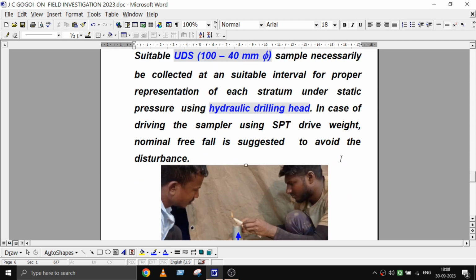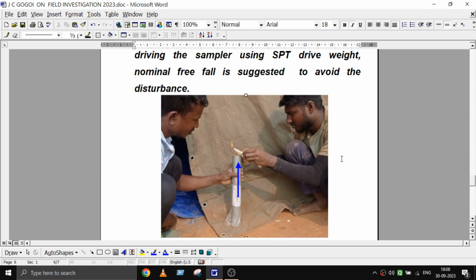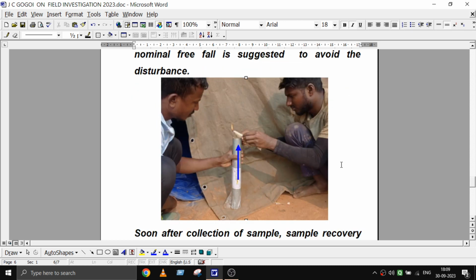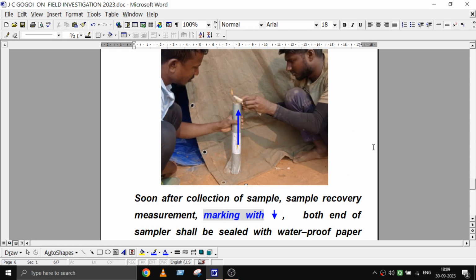And this UDS sample should be labeled soon after recovery. First this symbol, this arrow, means this side is bottom and this side is the upper side.